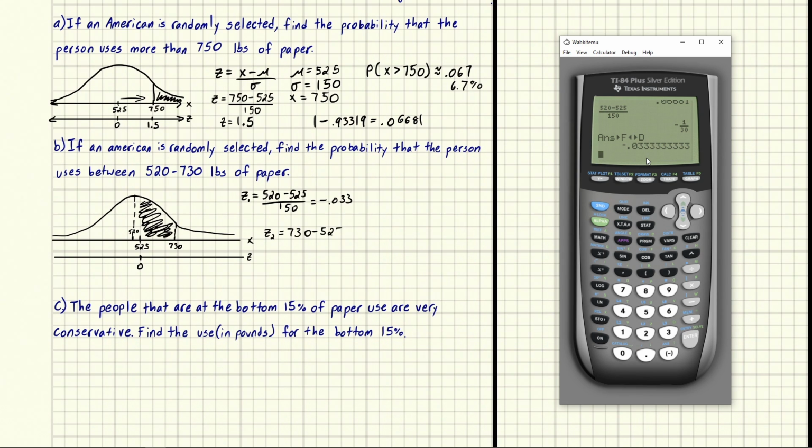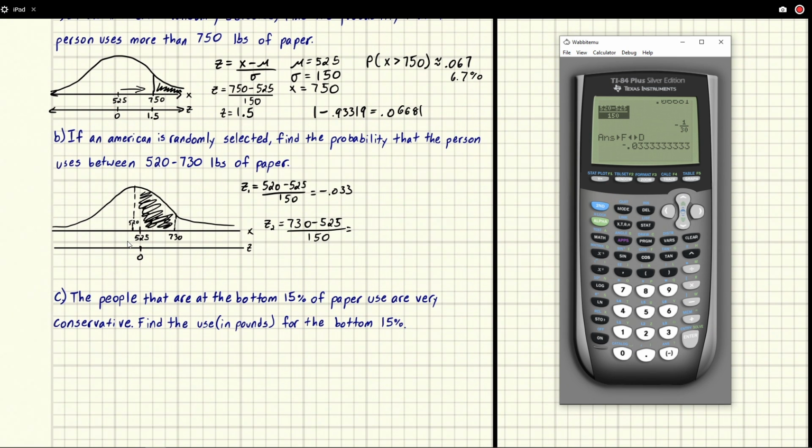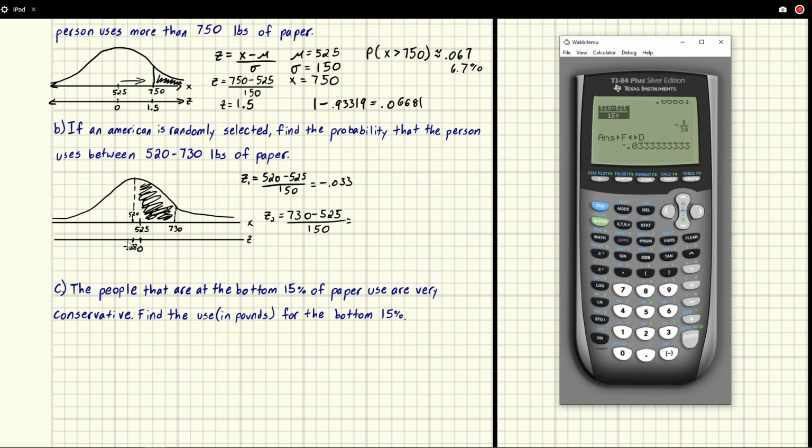Only x changes because the other things, the mean and the standard deviation, didn't change. We expect this one to be positive because it's bigger than the mean. This one was below the mean, and so that negative 0.033 falls right here, and it's negative because it's below 0. It makes total sense. It's less than the mean, so it's below 0 on the z-score, because on z-scores, the mean is 0.